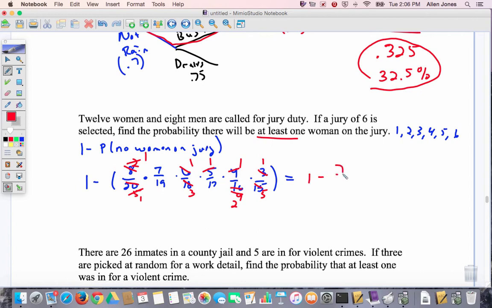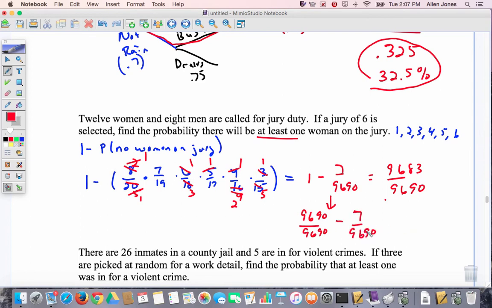What else? The 2 and the 4, so I could get the 2 and the 4 down to 1 and a 2. And I wind up with 1 minus 7 over 9690, which winds up being 9683 over 9690 as our probability.